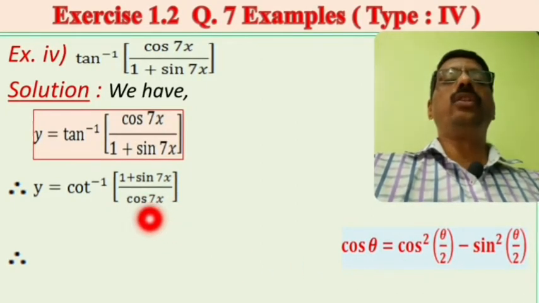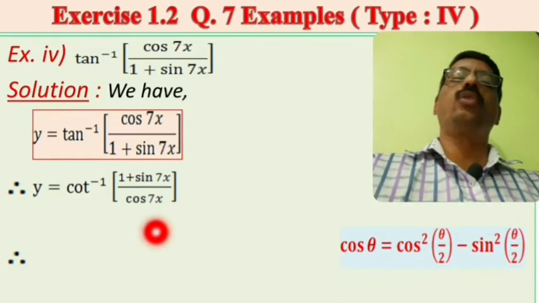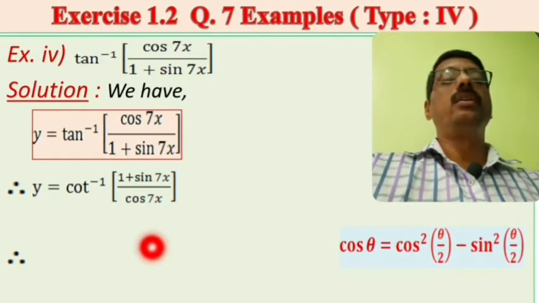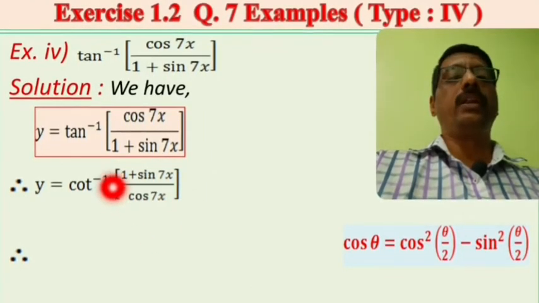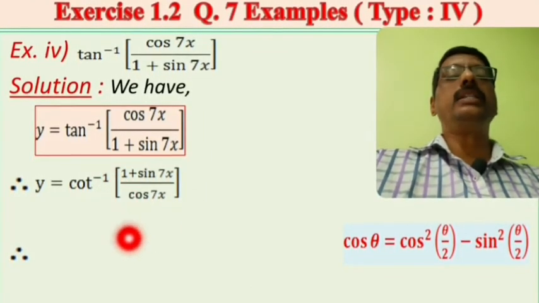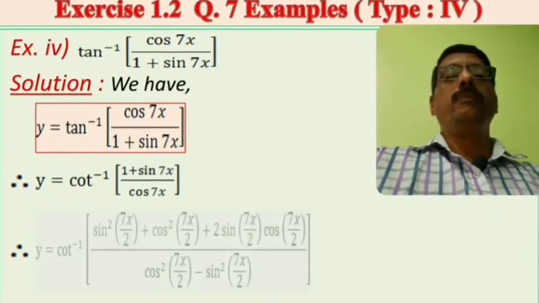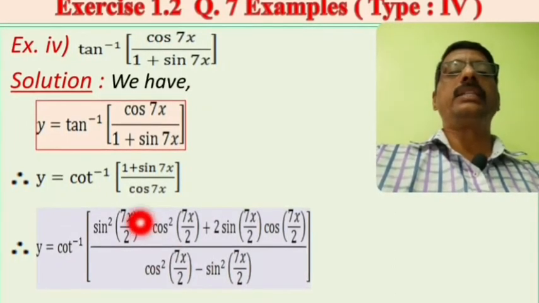Okay, and also in the numerator 1 has to be converted. We know the formula sin square theta plus cos square theta equal to 1, and therefore 1 can be written in the form of sin square. Here we have taken theta as 7x upon 2, and therefore in the numerator, sin square 7x upon 2 plus cos square 7x upon 2 plus again sin of theta.